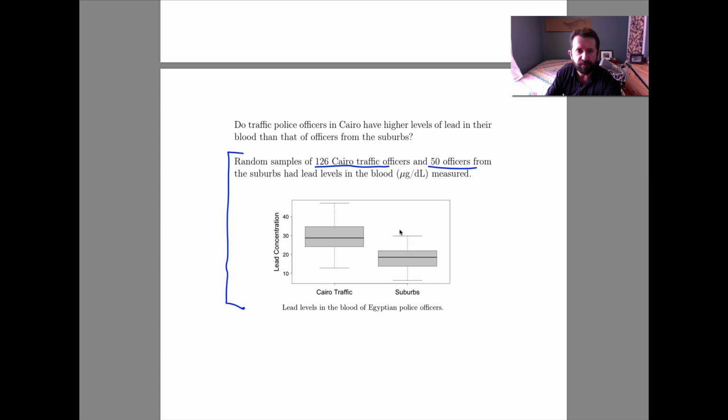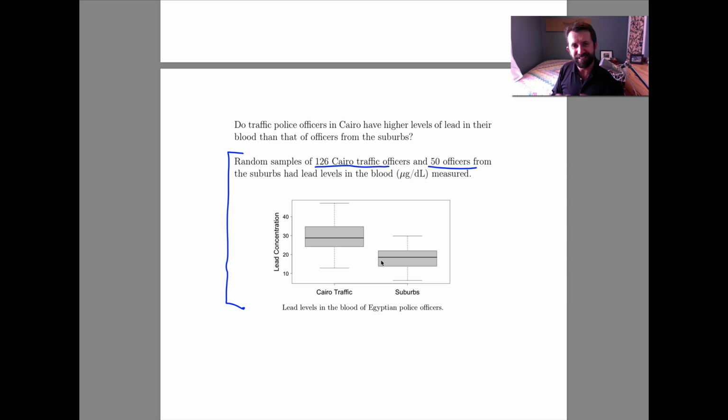It looks visually like the Cairo traffic officers tend to have higher lead concentrations in their blood. So it looks, I say visually, like there's a difference between the groups. But what statistical inference does is try to formalize this. You're looking at that and saying that, but maybe somebody else looks at it and says, I don't really think there's that much of a difference, right?